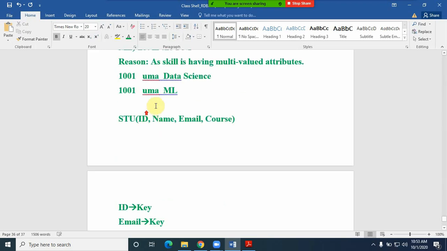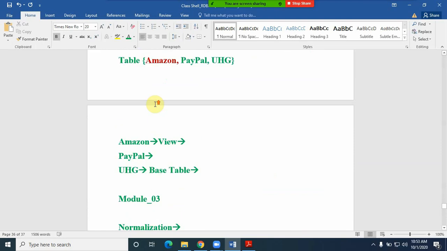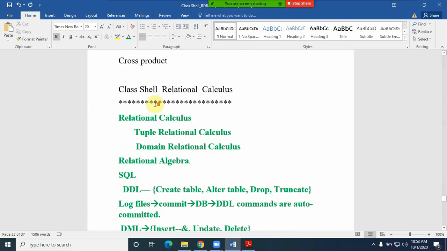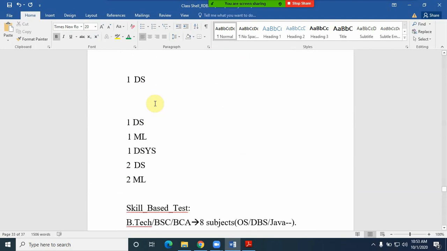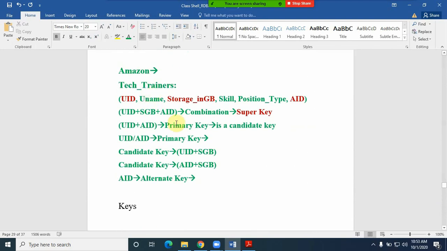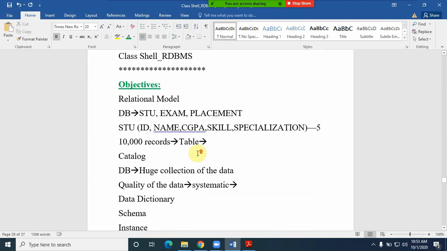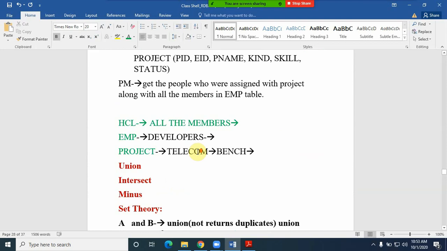A key which is used to identify a particular table's records uniquely, you can say that as a key notation. We have many keys, friends, like candidate key, secondary key, alternate key, primary key. Likewise we have taken some examples of keys.